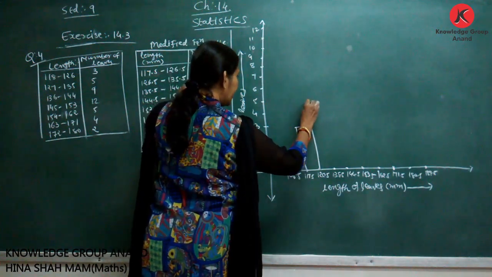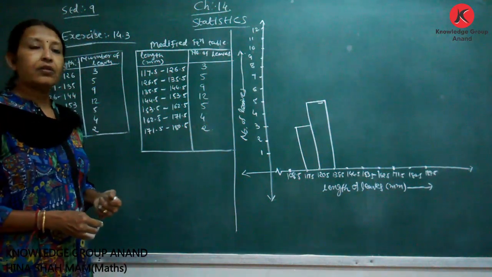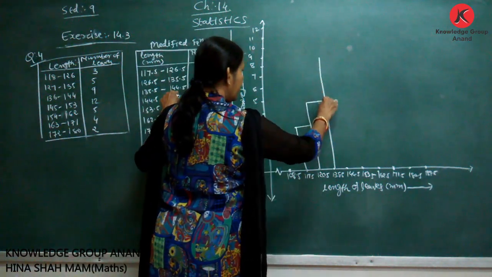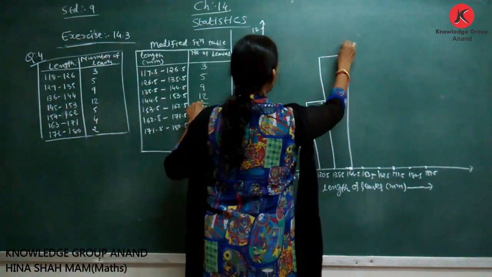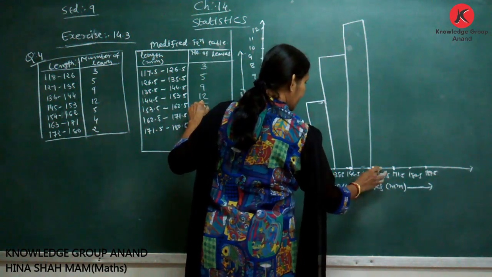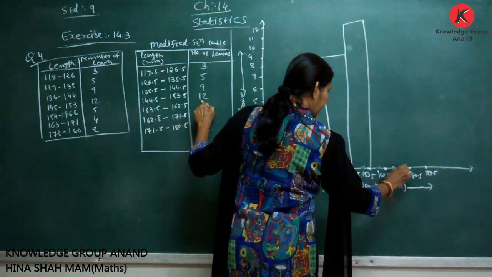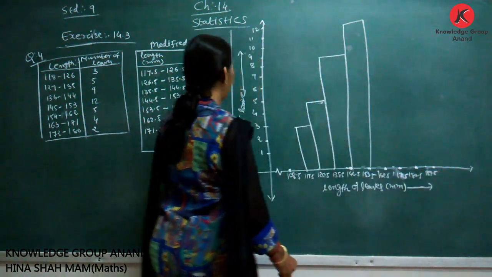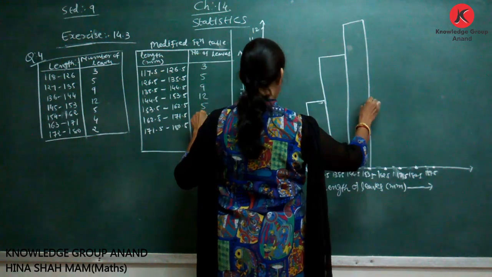The same width for this rectangle, 135.5 to 144.5, 9. Then 144.5 to 153.5, 12. Then 153.5 to 162.5, 5, and 162.5 to 171.5, 4.